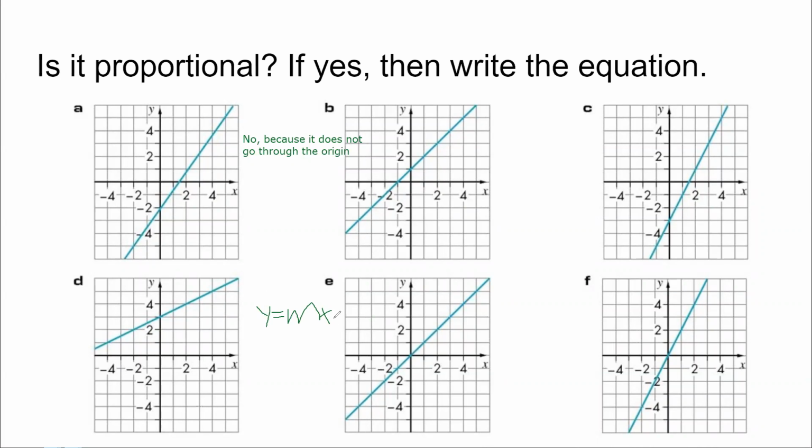So we're working on the equation y equals mx. M is our slope, so that's what we have to find. Slope is rise over run, so how much I'm going up and how much I'm going to go over. And it looks like I'm going up 1 and right 1 over and over again. So our slope, our m, is going to be 1 over 1, which simplifies to 1.